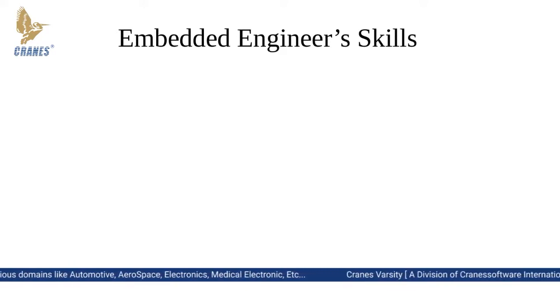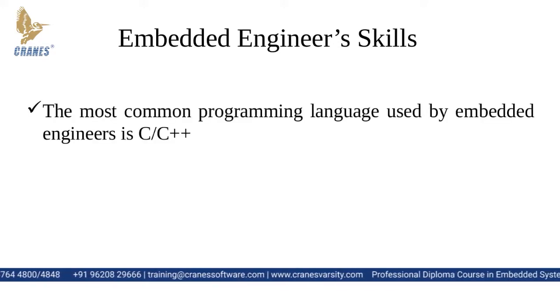What skills do embedded engineers require? Embedded engineers generally come from electrical engineering, electronics engineering, and computer science backgrounds and have total command over the embedded architecture. The most common programming language used by embedded engineers is C or C++. General skills include C or C++; hardware-related C programming is the bedrock of embedded engineering.